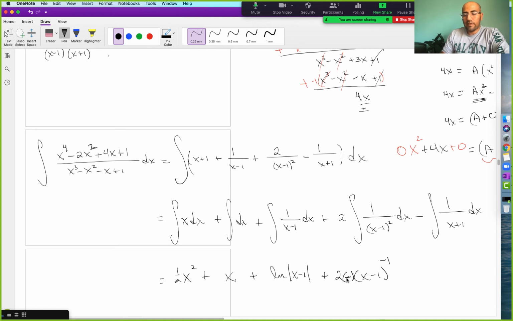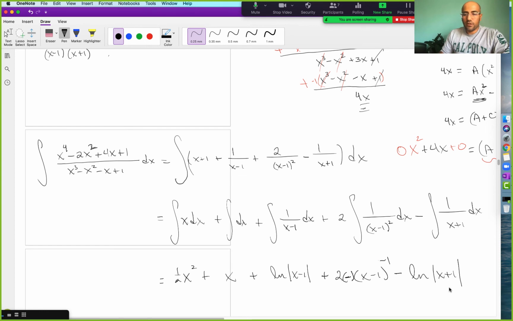Right, -1 times -1 gets +1. To the power of this -1 gives you -2. Good. Okay. Minus, and then we have ln of x plus 1.